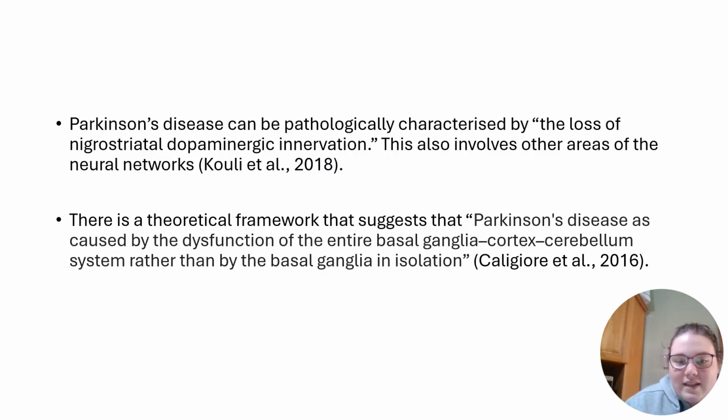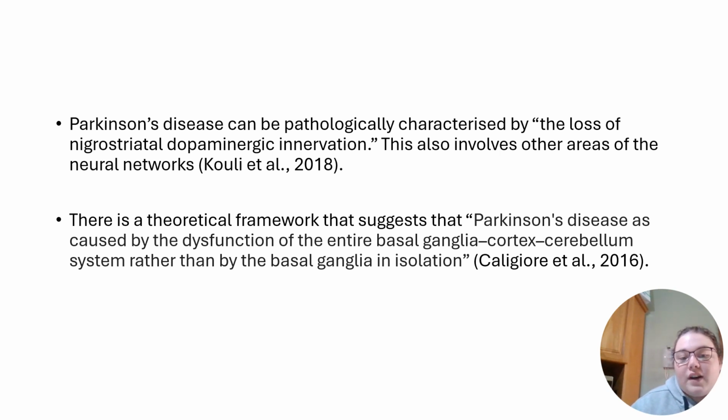Parkinson's disease can be pathologically characterized by the loss of the dopamine innervation. This also involves areas of the neural networks. So there is a loss of the dopamine receptors within the brain, and this affects their everyday movement and activities.